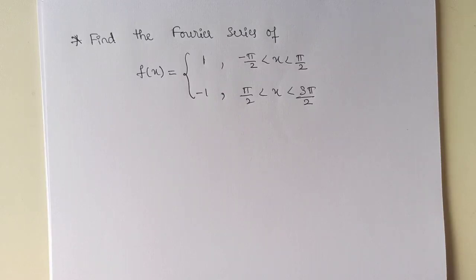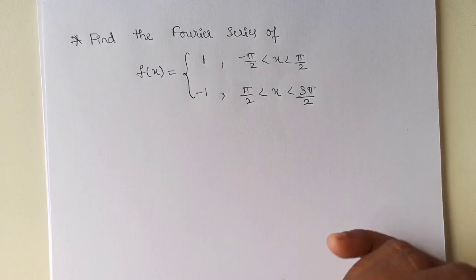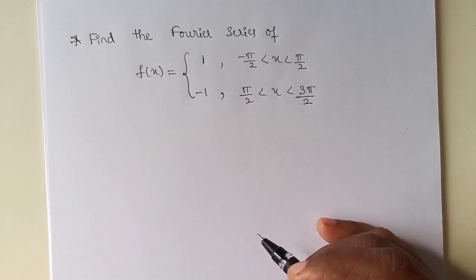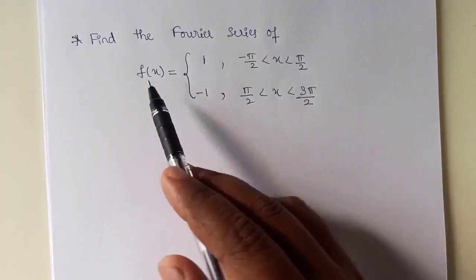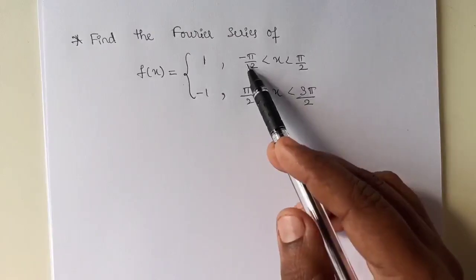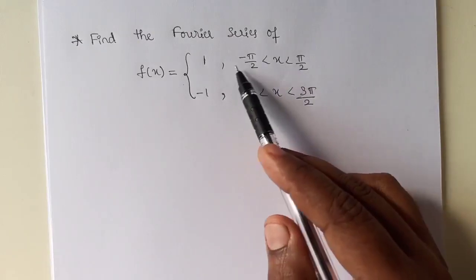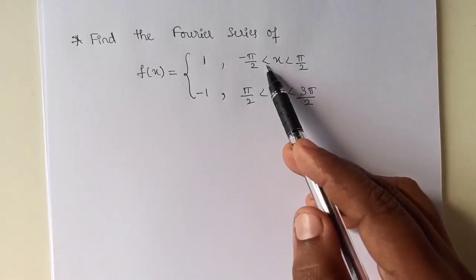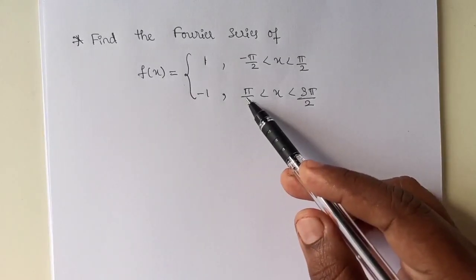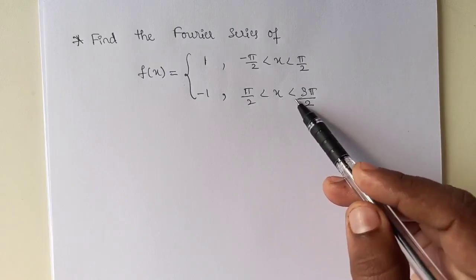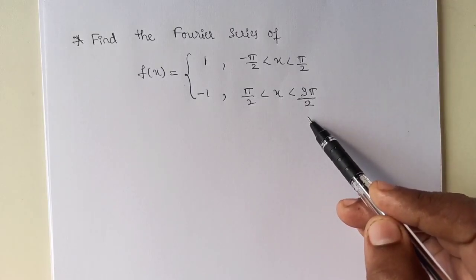So in the last class we have solved some problems on the Fourier series with the period 2 pi. Here we have a few more examples on this. Given that f of x is equal to 1 when minus pi by 2 is less than x, which is less than pi by 2, and minus 1 when pi by 2 is less than x, which is less than 3 pi by 2.